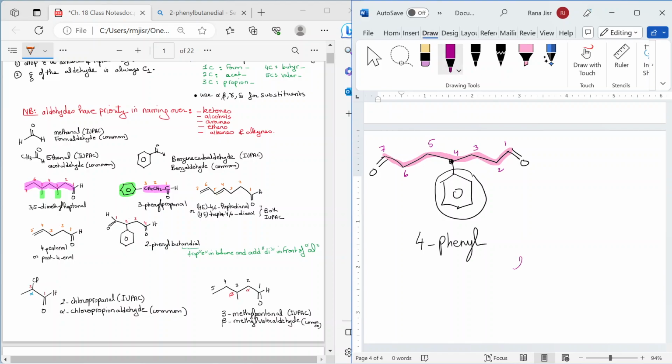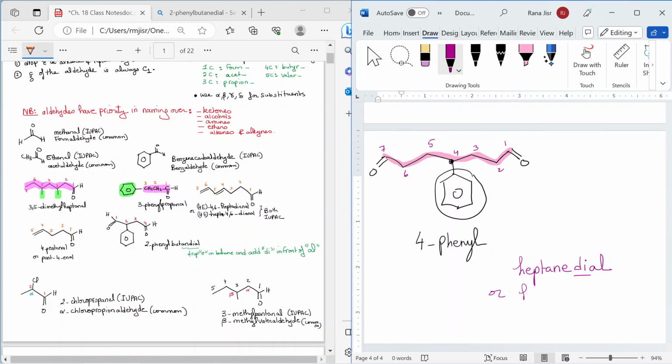So the name is going to be heptane. Now, because you have two carbonyls in there, you're going to use the prefix di. No need for you to drop the e. You can keep the e and put an al at the end, and the name is going to be heptanedial. Or if you want, you can drop the e. If you drop the e, the name is not wrong. It's still right.